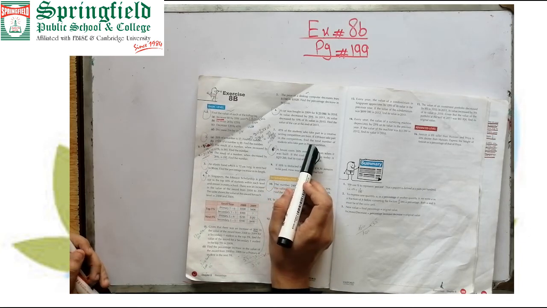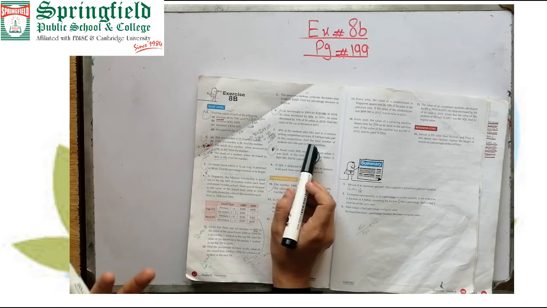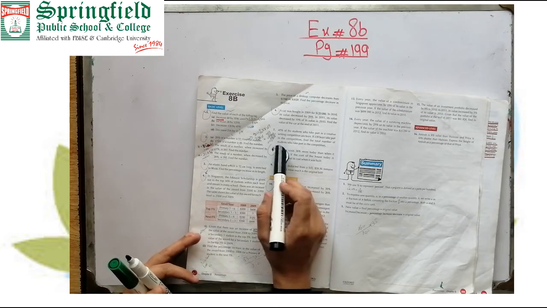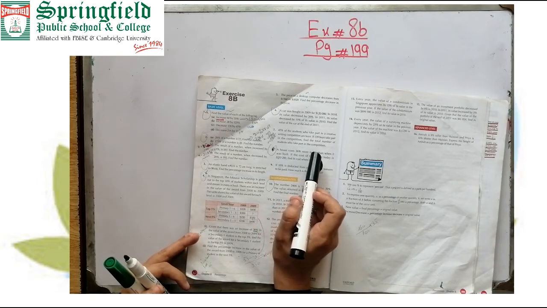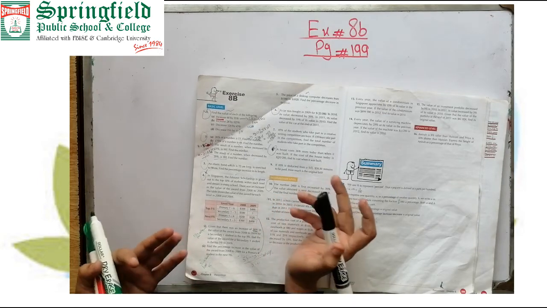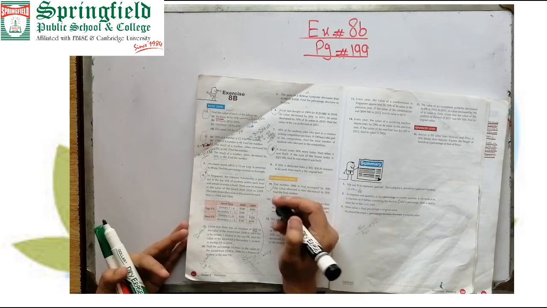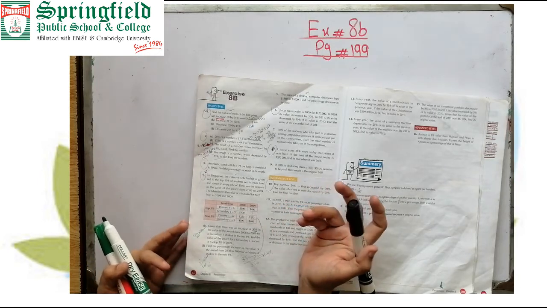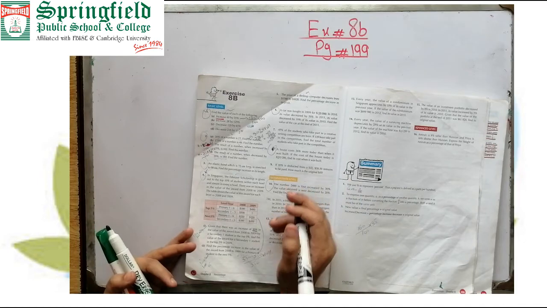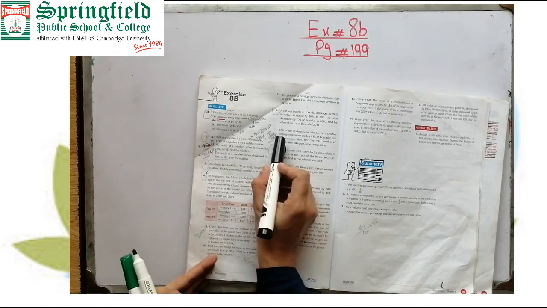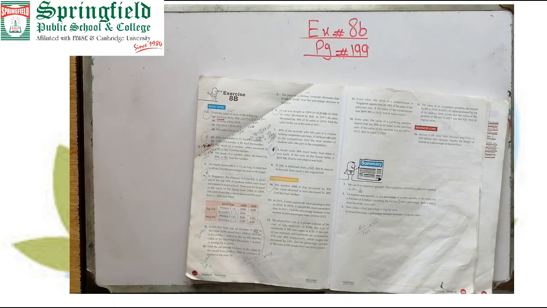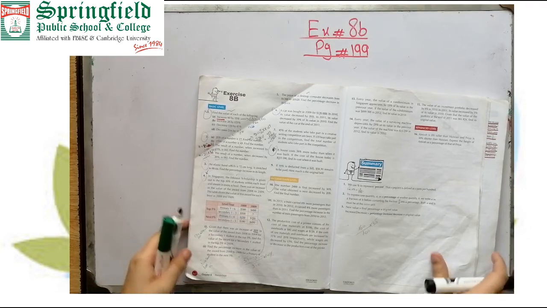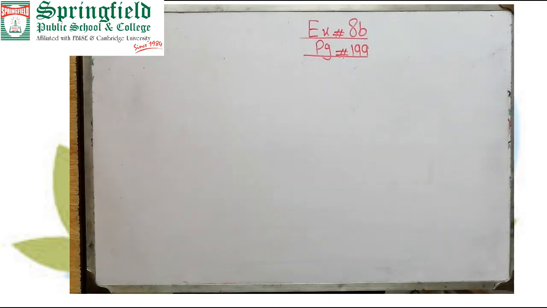If 135 boys take part in the competition, find the total number of students who take part in the competition. We don't know the total number of students, so we let the total number of students be x. Then we will find x. Now how can we solve this question?